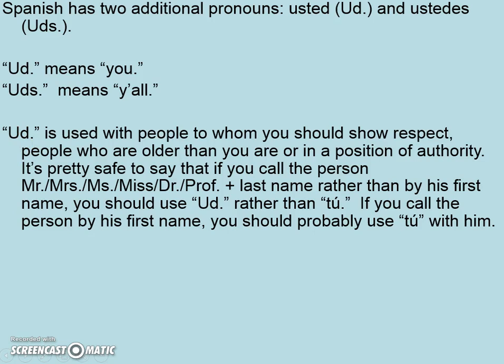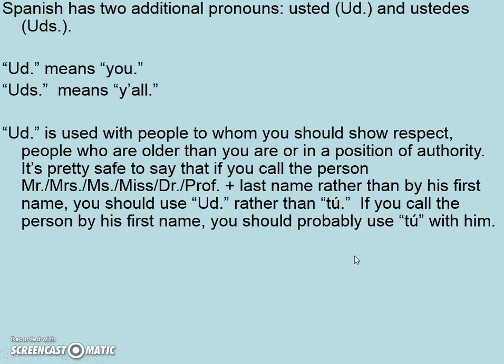Well, usted is used with people to whom you should show respect, people who are older than you or in a position of authority. So it's pretty safe to say that if you call the person Mr., Mrs., Miss, etc., with their last name, so for example, me or any of the teachers at the school or an officer or someone you've never met, you should use usted rather than tú.